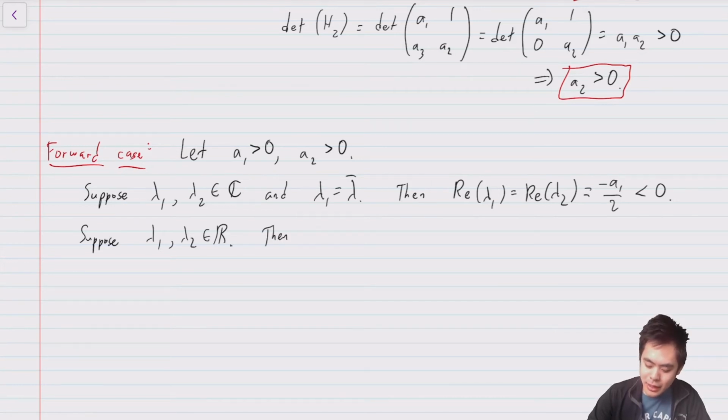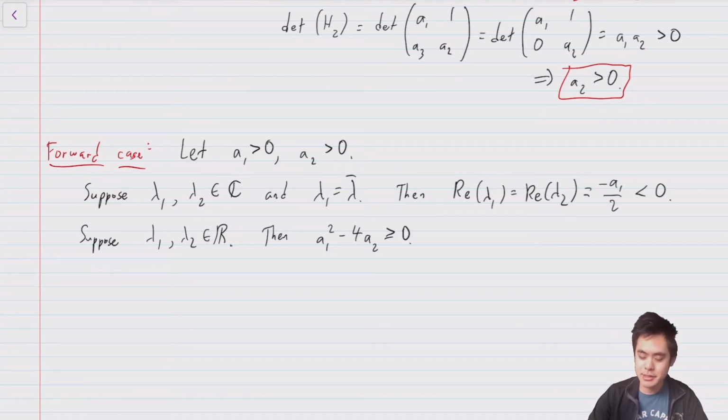Then we know the stuff underneath the square root sign must be greater than or equal to 0. So a1 squared minus 4a2 has to be greater than or equal to 0, because otherwise it would be complex instead.